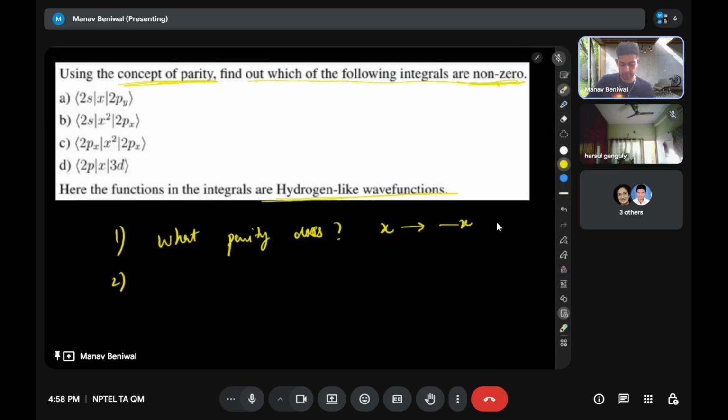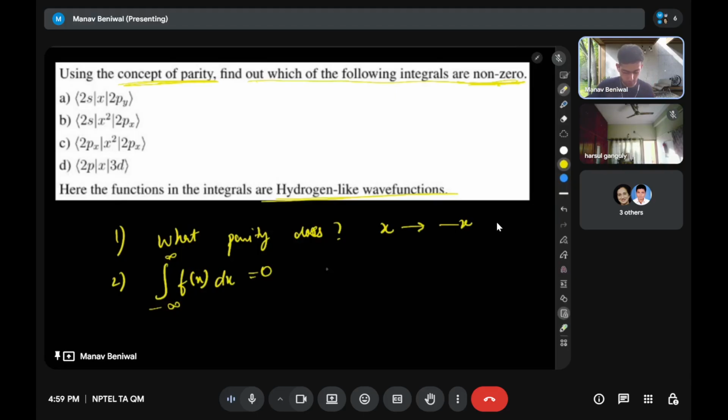Secondly, when is an integral, let's say some integral f of x dx with limits minus infinity to plus infinity, equal to 0?